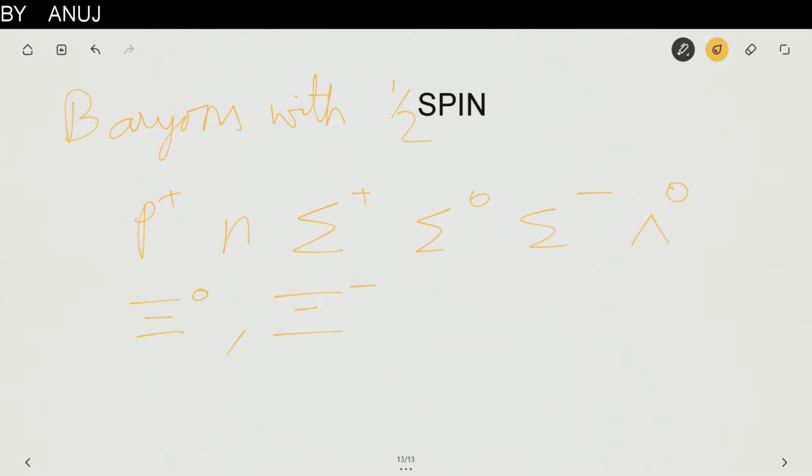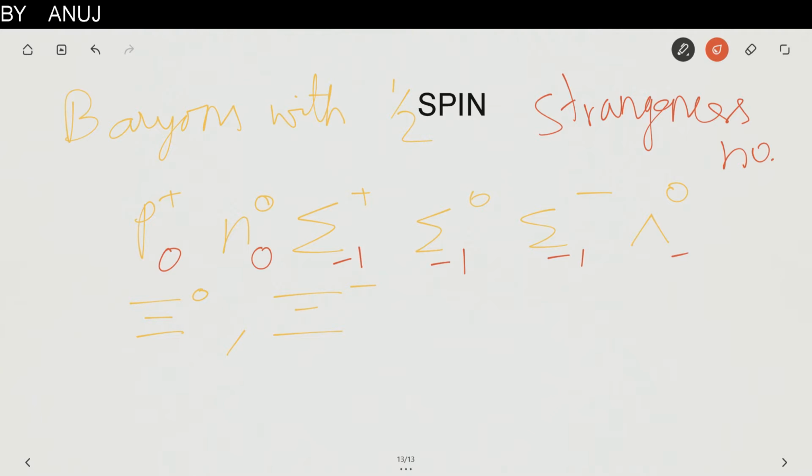And apart from the charges, there is something called strangeness, or the strangeness quantum number. And what does it say? Well, you can Google about it, but let's just take these values into account for these elementary particles. For proton it will be 0, and for neutron it will be 0.